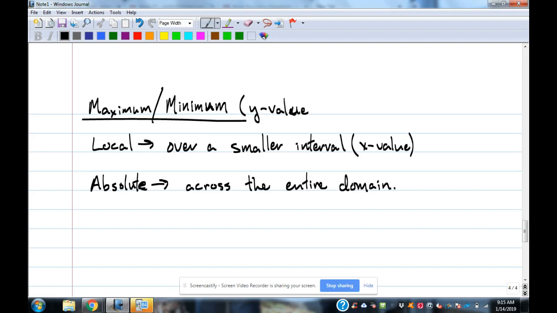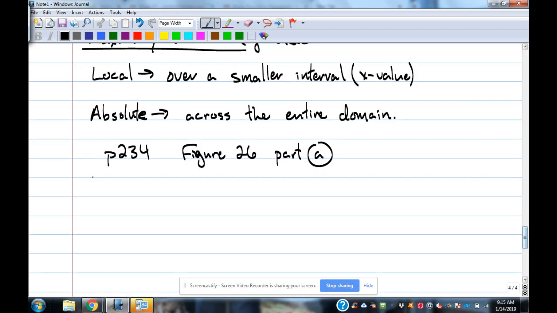All right, 234, figure A there at the top. Figure 26, and then let's look at A part. All right. Page 234, figure 26, part A. All right, this is going to be example H.